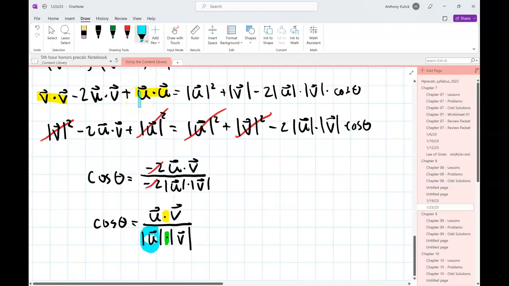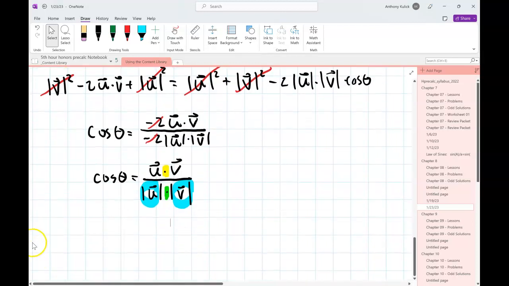In the bottom, I have the magnitude of u, which is a real number, and the magnitude of v, which is a real number. A dot between two real numbers is multiplication, right? So just be very careful with this formula. The numerator is a dot product. The denominator is multiplication.